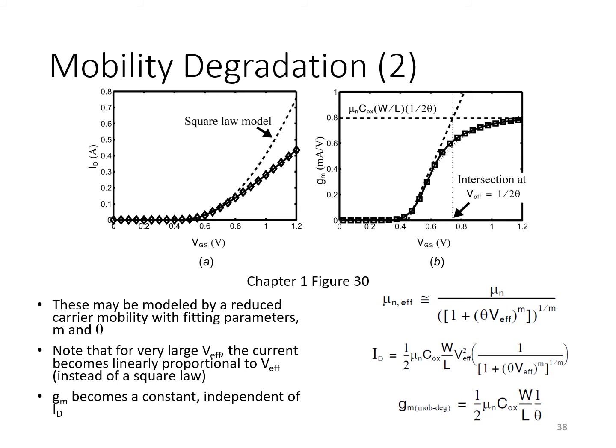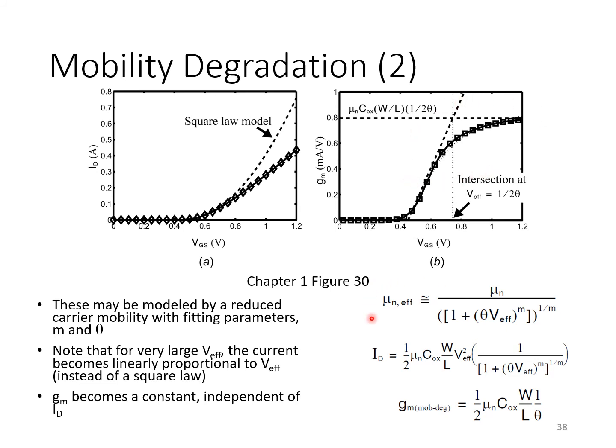That's because in this case, the transistor dimensions are not changing as we change VGS. It's just one fixed transistor. We're sweeping VGS. So remember, in that case, GM increases in proportion to V effective according to the square law. And again, we see that over a range of a couple hundred millivolts. But for large enough values of V effective, the curve starts to flatten out because the current is less than that predicted by the square law model. So this plot, I think, illustrates it very clearly.